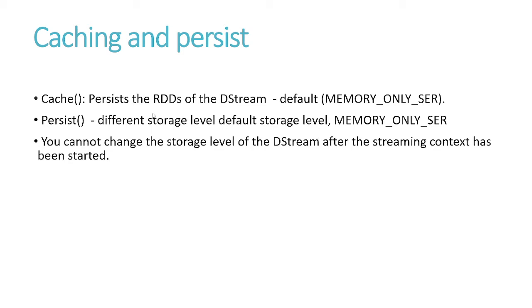You cannot change this after you start the stream. You need to bear this in mind: you cannot change the storage level after you start the streaming context. So you should plan your application according to the requirements before you start streaming.